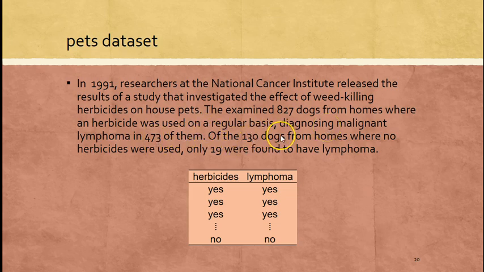Of the 130 dogs from homes where no herbicides were used, only 19 were found to have lymphoma. So my sample sizes are 827 for one group and 130 for the other. In terms of the number of lymphomas, there were 473 in one group and 19 in the other.